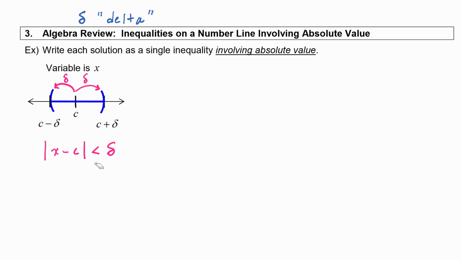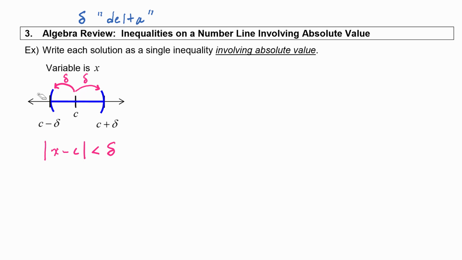Now we knew that it was less than and not less than or equal to because of the curved brackets here. And you want to make sure that you understand if we had an x value, say over here, then the distance from that x value to c would be greater than delta.